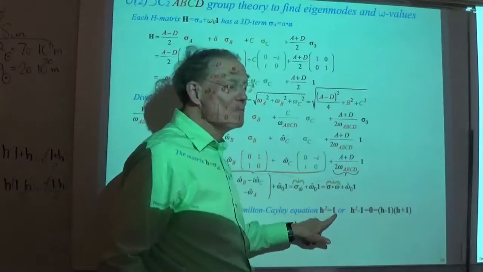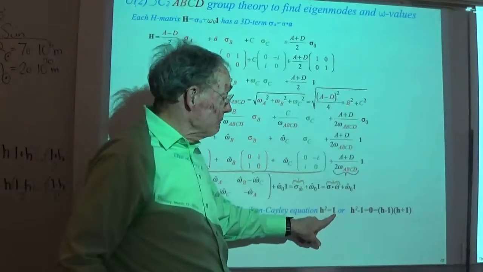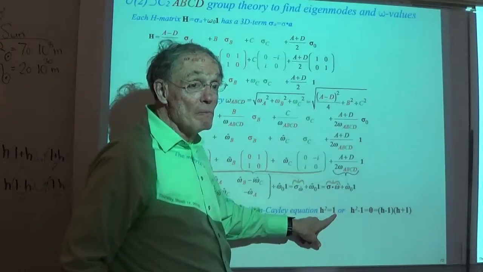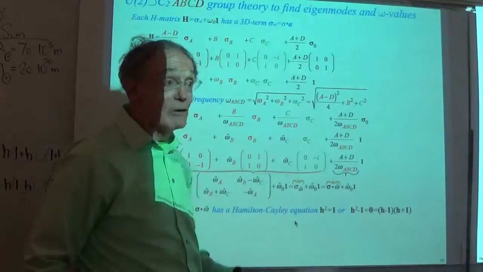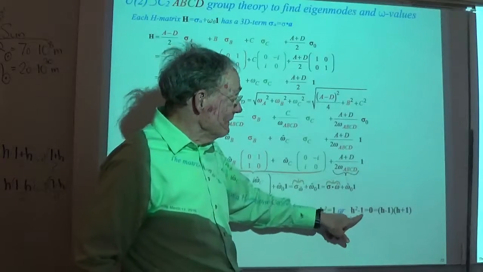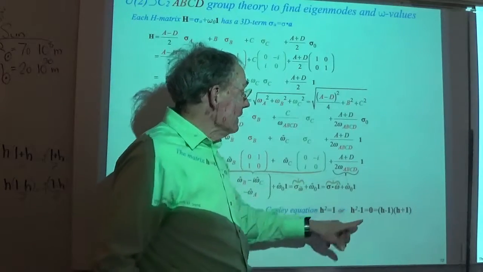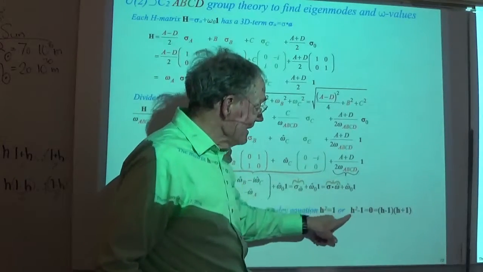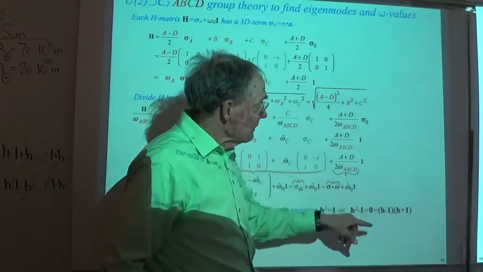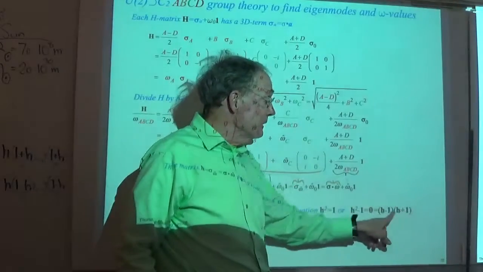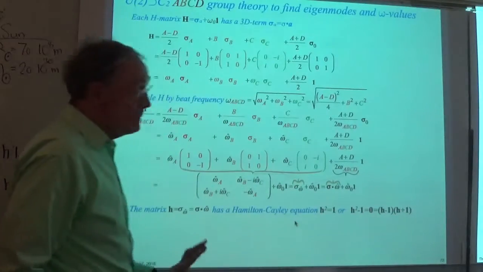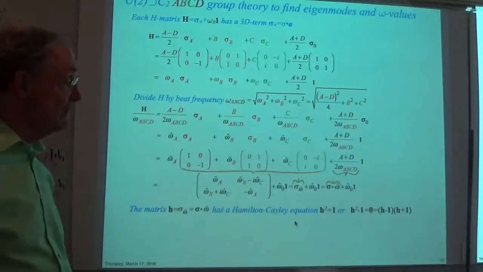It's very simple. H squared equals 1. And everyone knows how to factor that one, right? I'm just factoring it in the operator form here. H squared minus 1 equals 0, okay? That's H squared equals 1 with the 1 brought over on the left side. It's H minus 1 and H plus 1. No worry about commutativity here. 1 commutes with everything, okay?